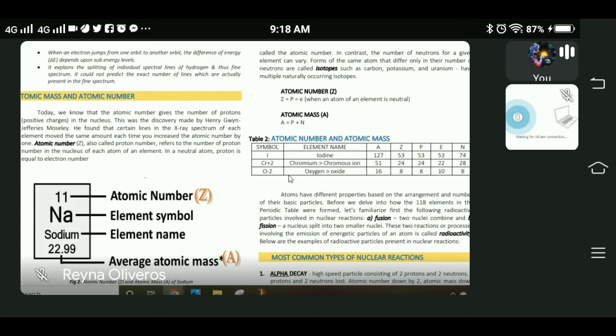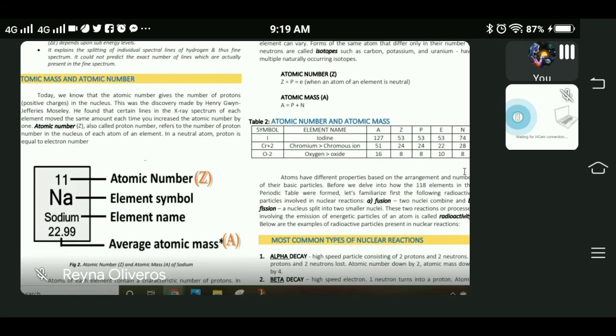So, the O 2 minus is oxygen or oxide, which has an average atomic mass of 16. Its atomic number is 8, which means its protons are 8, while its electrons are 10 and its neutrons are 8.